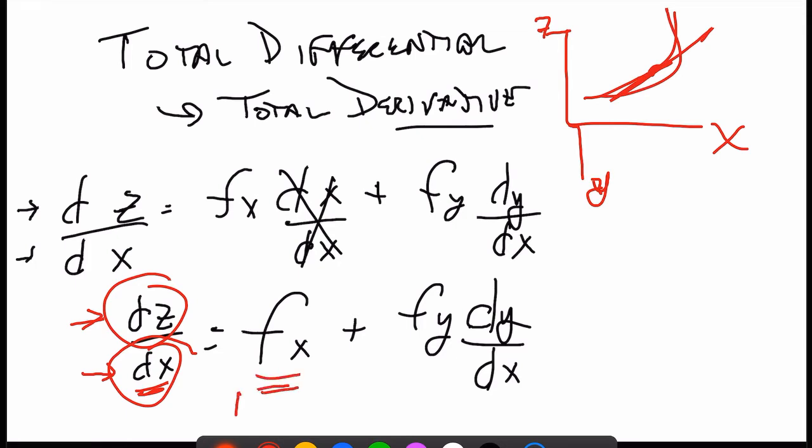This is the direct effect. This would be what the effect of a change in x is directly on z. Okay? What's this? Well, this is the indirect effect. This is the effect of a change in x on z that comes through y.